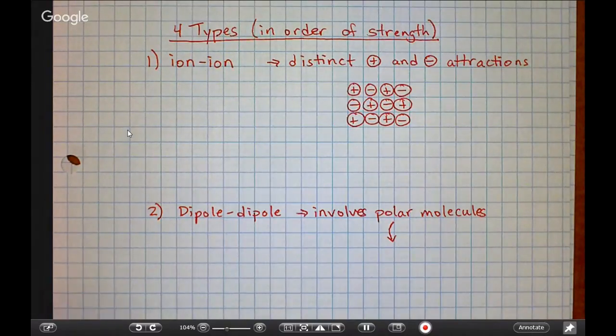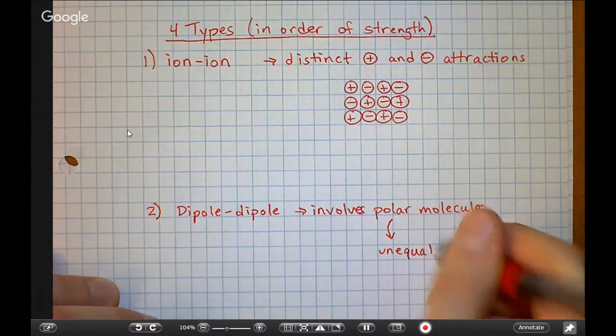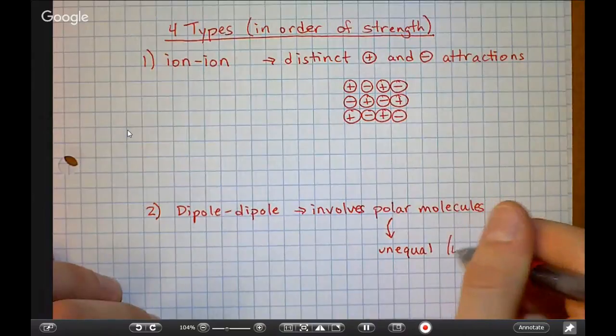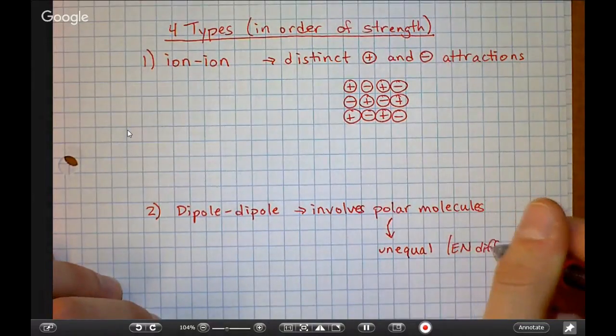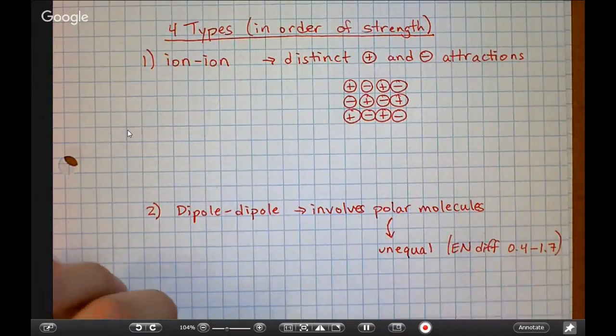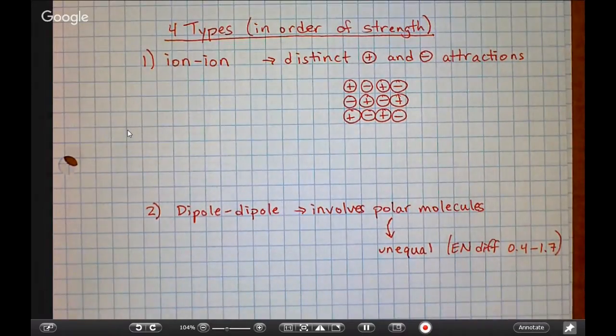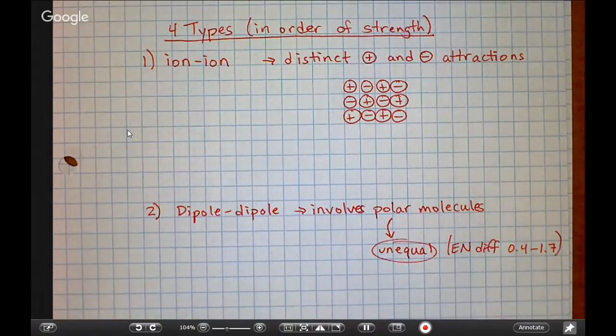So if we have something, so this would be unequal, but you were right, you said the electronegativity difference was 0.4 to 1.7. But the important aspect here is that it's an unequal sharing of the electrons within the bond.